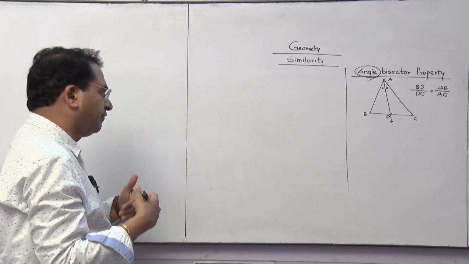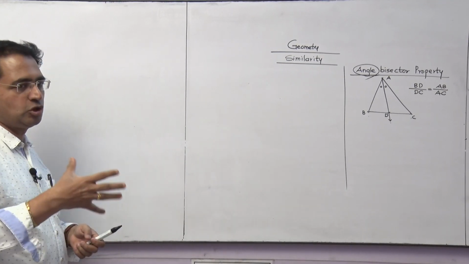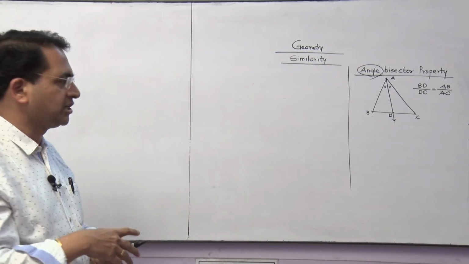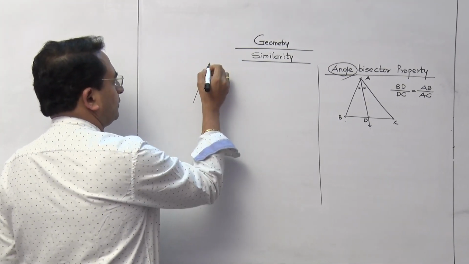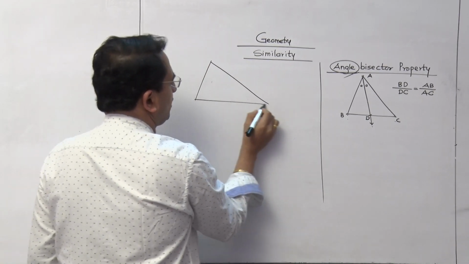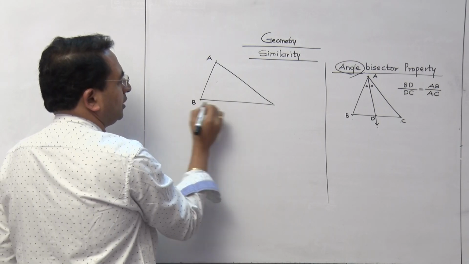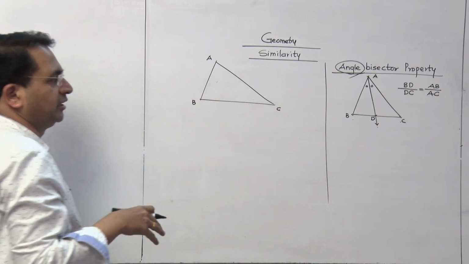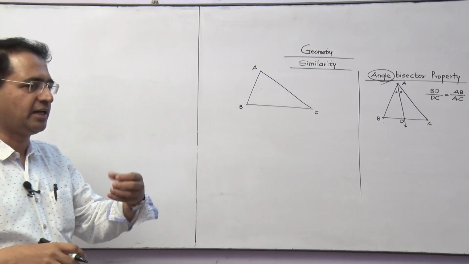But I have told you that questions based on this particular theorem are asked. So how is the question designed? Let us go for this one. This is one triangle ABC. In this triangle, one point is taken in the interior.